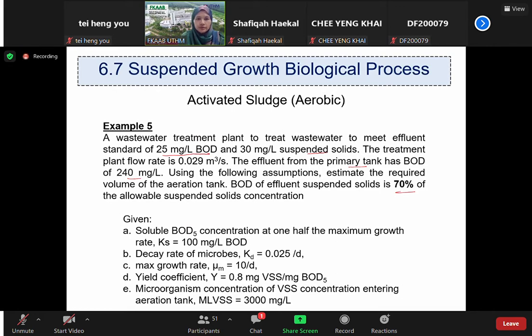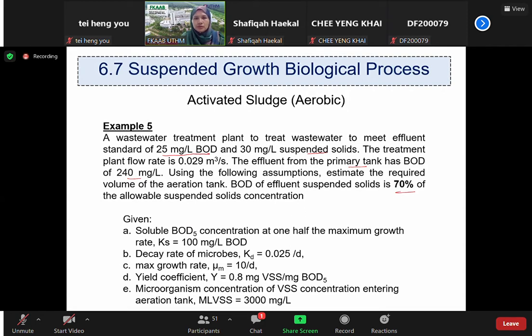So this is given the soluble BOD concentration, Ks, decay rate, yield coefficient, and also the microorganism concentration of VSS, volatile suspended solid, entering the aeration tank, which is MLVSS, mixed liquid volatile suspended solid.